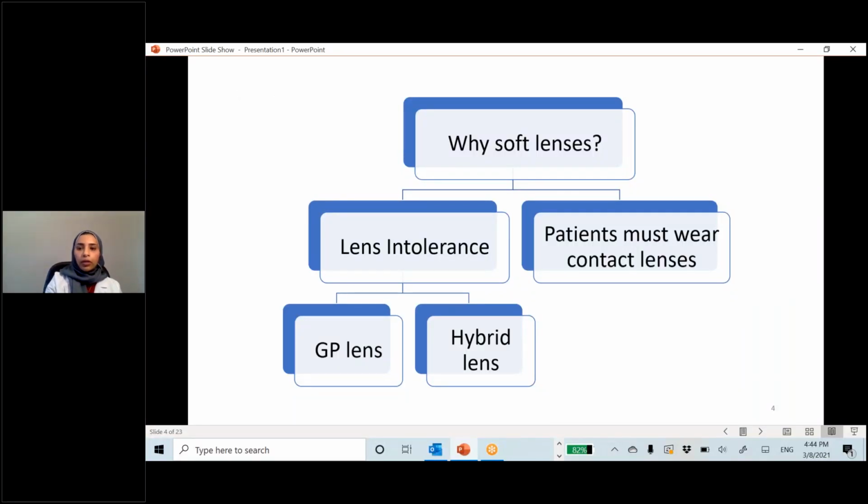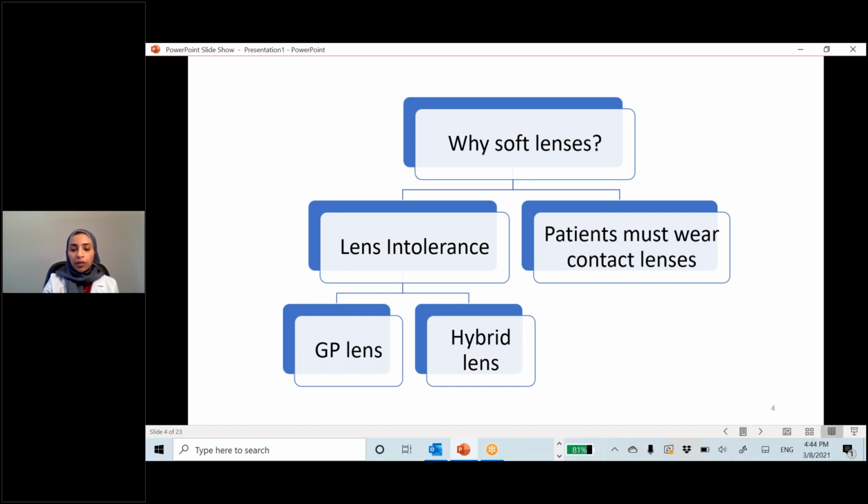So why would you consider a soft contact lens for your irregular patients? Well, one main reason is lens intolerance. We have all had those patients who have the perfect GP fit for their keratoconus, and they just cannot tolerate the lens for even a minute in their eye. So what do you do with those patients?